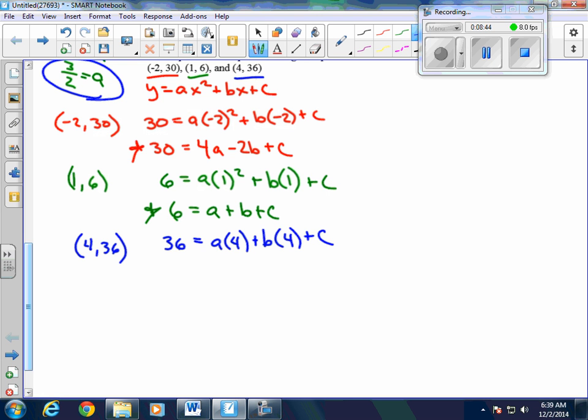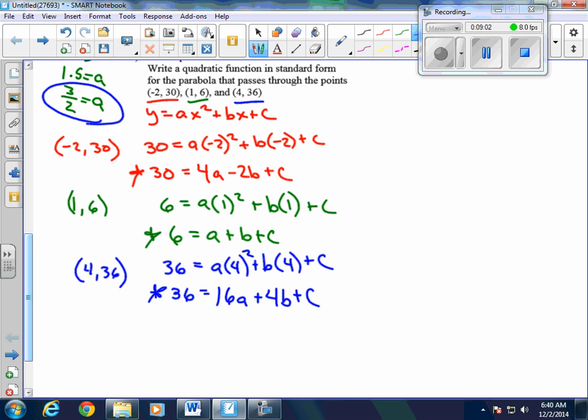So again, we're just replacing the y with the 36 and the x with 4. So this one's going to be 16a plus 4b plus c. And so now we have 3 equations in 3 variables. So what we need to do is take the red, the green, and the blue equations, and we need to solve this system of equations.